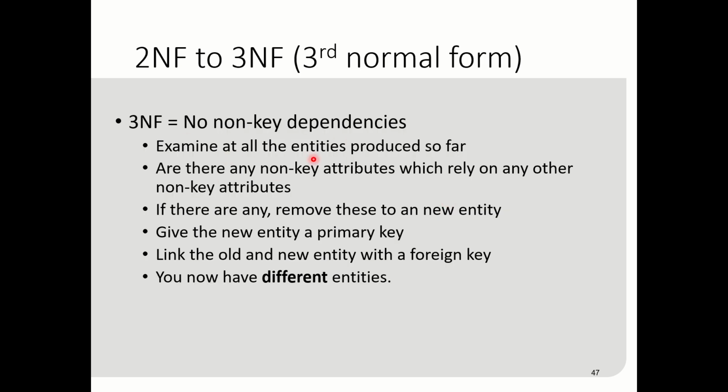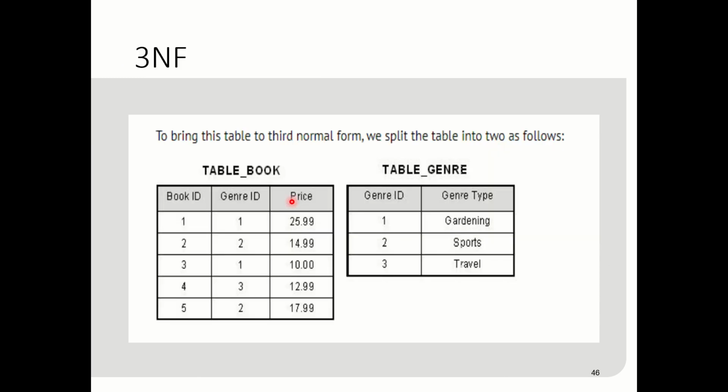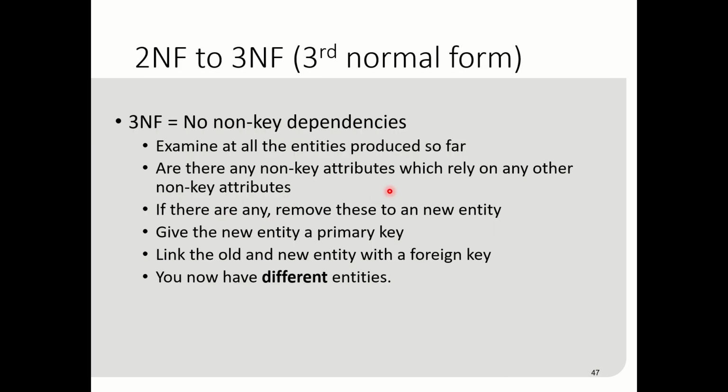So what you have to do is identify all the entities, and look at the non-key attributes. In this particular case, you were looking at the non-key attributes genre ID and genre type. Do they rely upon each other? Yes, they rely upon each other. Then you have to put them into a new entity. Now give the new entity a primary key.